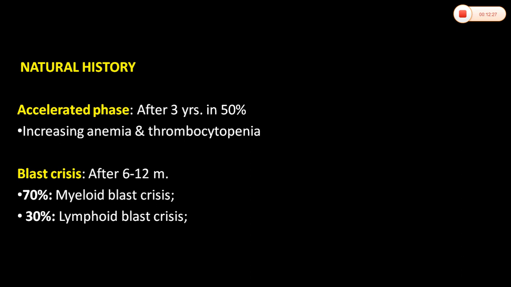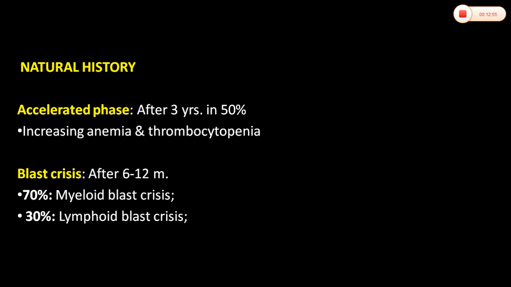In the natural history of CML, after the development of this Philadelphia chromosome and this molecular abnormality, the patient may remain silent for about 3 years. After 3 years, in around 50% of the people, they will land up in a phase called the accelerated phase. Here there will be increased anemia and thrombocytopenia.